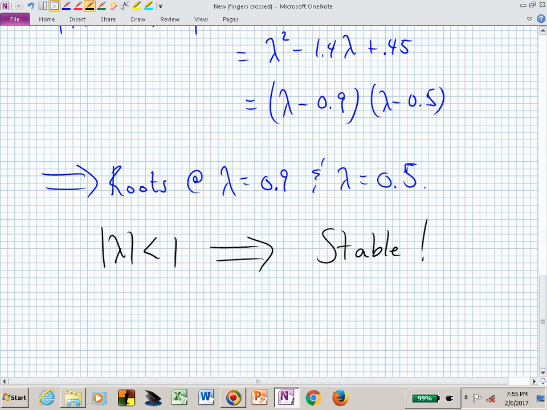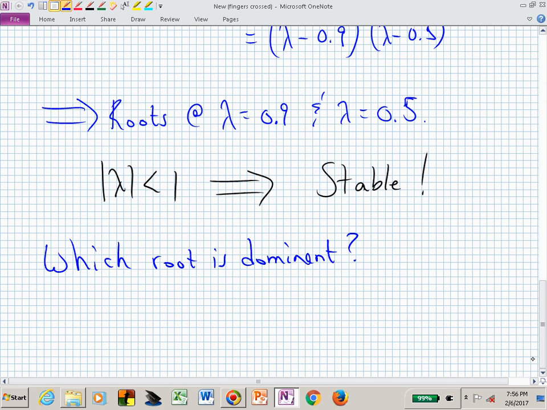What's the settling time? Or maybe I should say, which root is dominant? I have 2 poles, and you should be able to visualize those in the complex plane as 2 x's. One's at 1/2 and one's at 0.9.